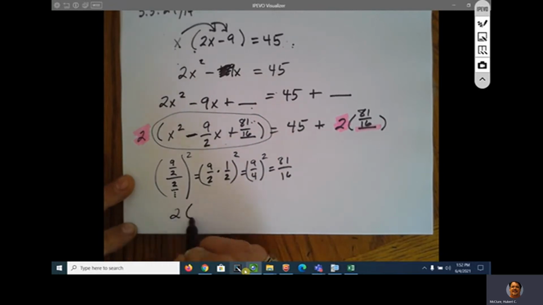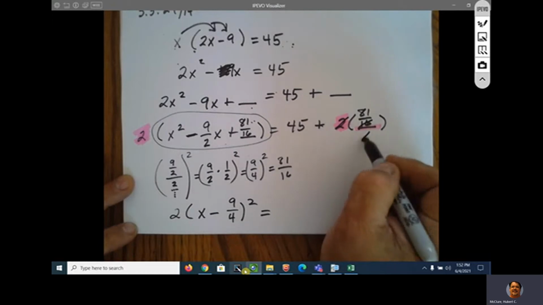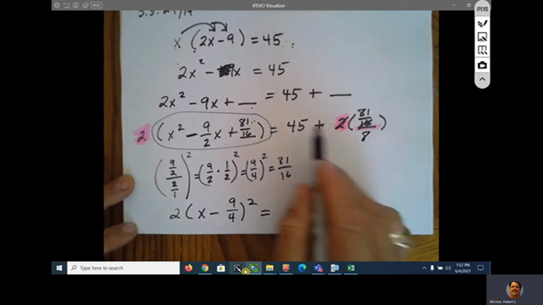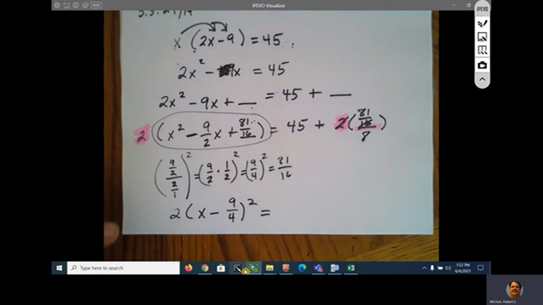So shortcut number 2 would be x minus 9/4 quantity squared is equal to, well, that 2 will cancel that into an 8. And we've got to change this into something 8ths. So that's going to be, let me take a different color pen.